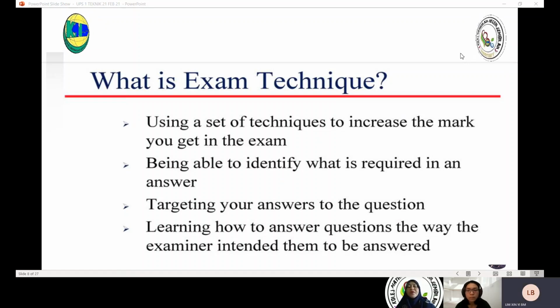Being able to identify what is required in an answer means, like Madam Lim just mentioned, make sure you really understand the learning outcomes yang you dah belajar before this. When you understand the learning outcomes, then kamu takkan tend to make a mistake, right? Okay, targeting your answers to the questions also is actually referring to the task word.